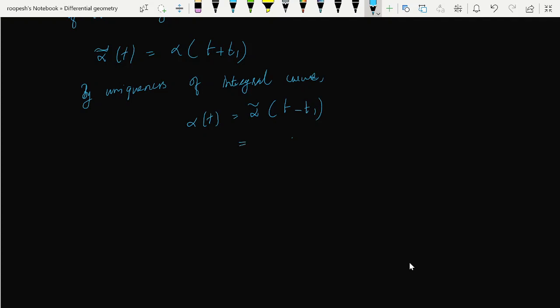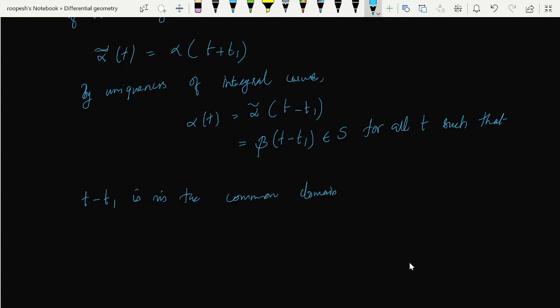This is equal to beta of t minus t1, because every t minus t1 belongs to S, for all t such that t minus t1 is in the common domain of alpha tilde and beta.